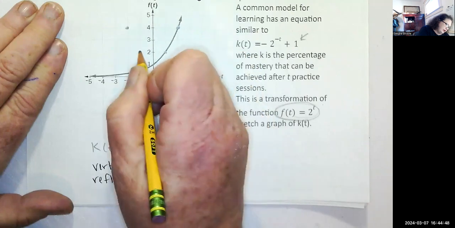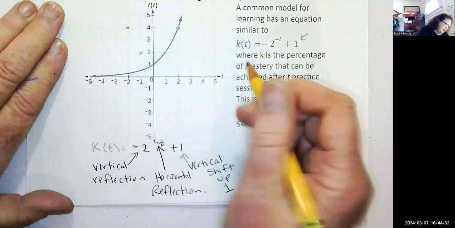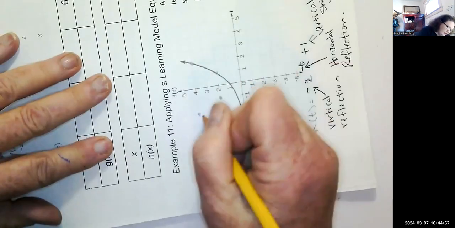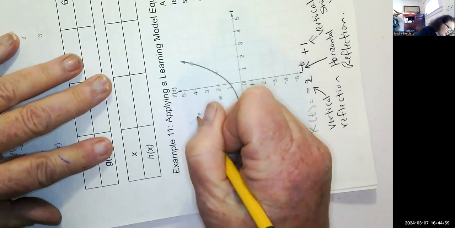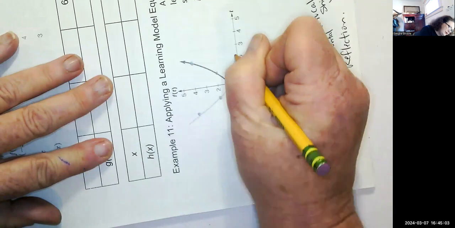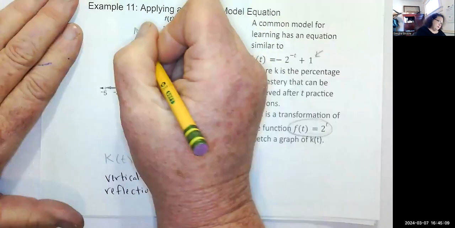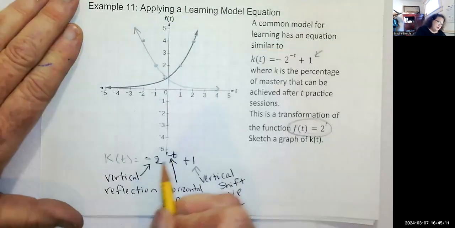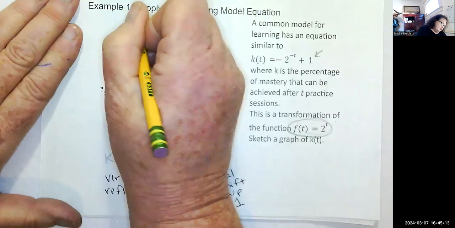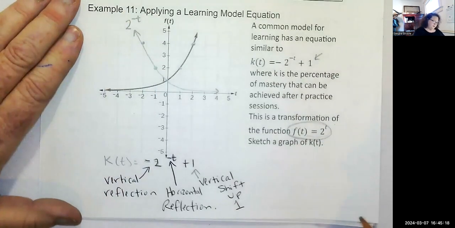So I'm going to reflect it over. And that's going to go through there. I think I can make that work. All right, bear with me. Y'all know I cannot draw worth a darn. That's about as good as I'm going to get. All right. So this is representing the 2 to the negative t. That's our first part of our transformation.